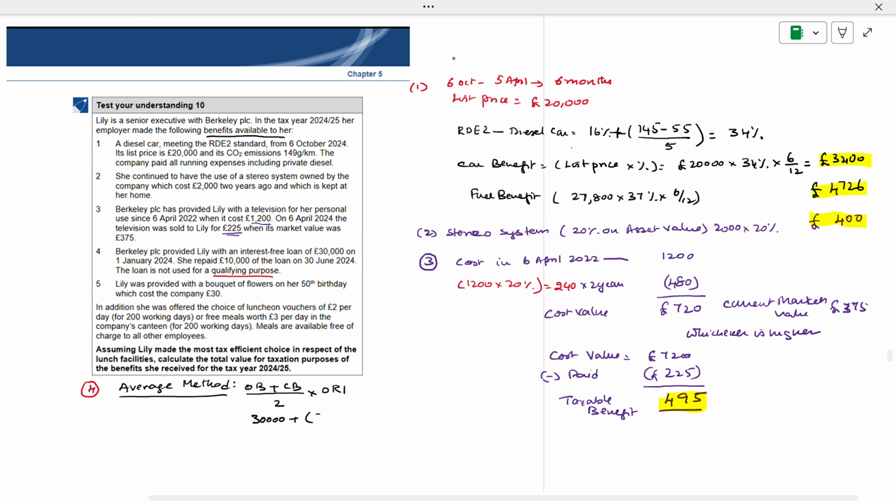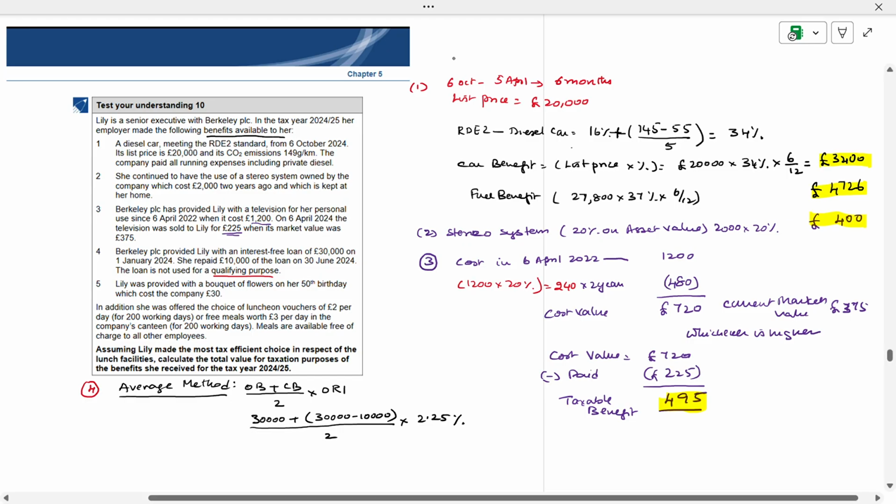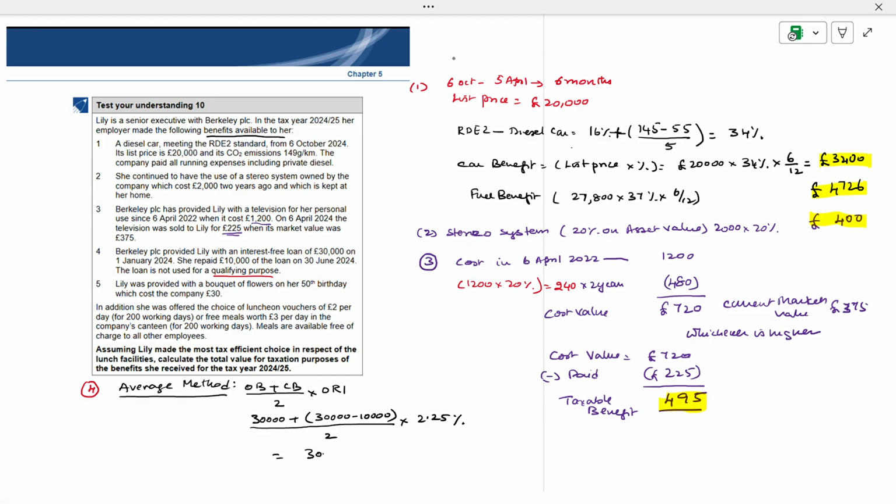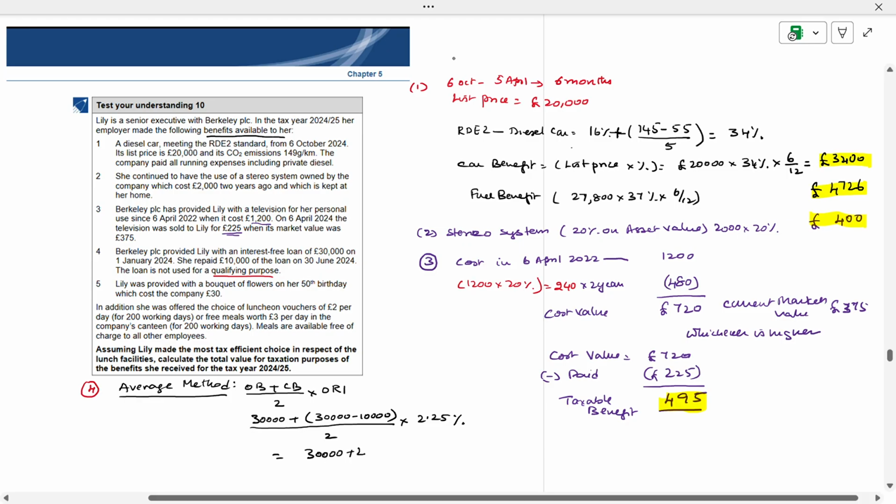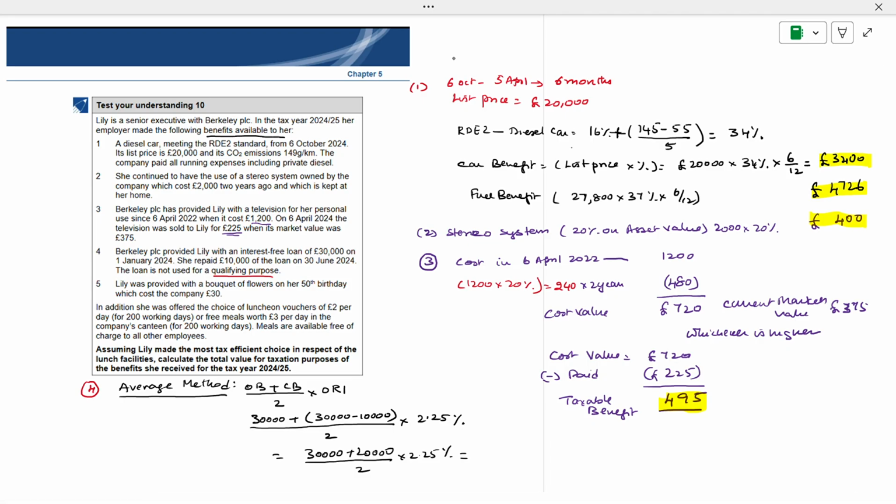How much have they paid? 30 minus 10. The official rate is 2.25%. So 30,000 plus 20,000 divided by 2 times 2.25% comes to 563.